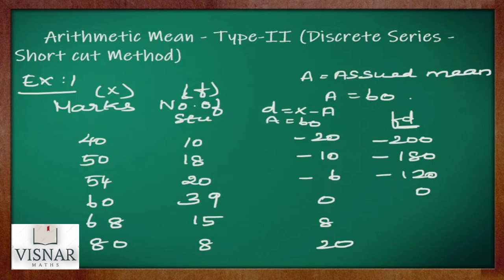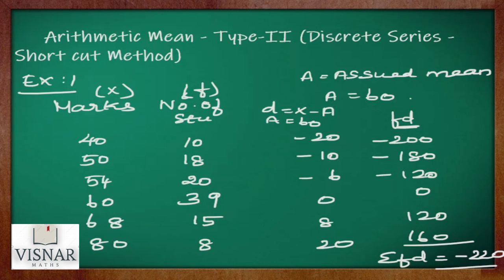Then 0, then 120, next is 160. So the summation of fd equal to minus 220. Here n equal to summation f equal to 110.